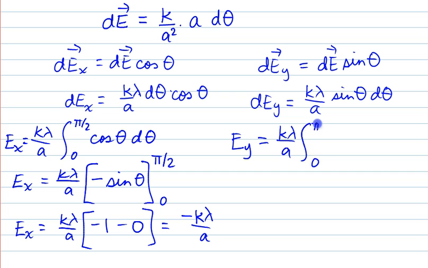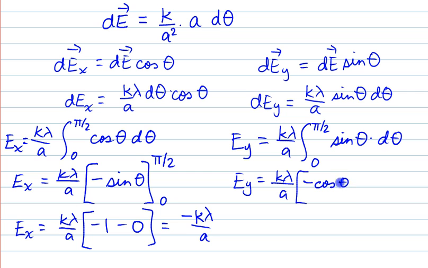integral from 0 to pi over 2 of sine of theta d theta. It's pretty much the same calculation. It's just that when we evaluate the integral of sine, we're going to end up with negative cosine, evaluated from 0 to pi over 2.